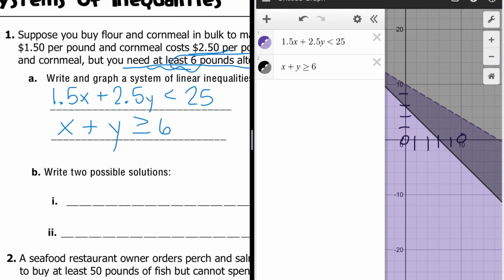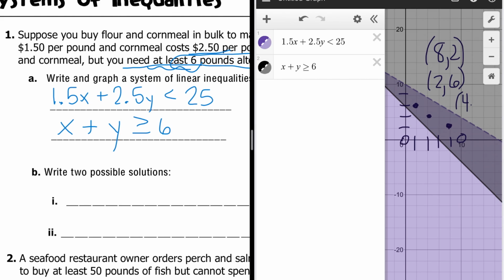So I could order right here. Here's a point that's in the shaded area. 8, 2. Here's another point that's in the shaded area. 2, 6. Here's another point that's in the shaded area. 4, 4.